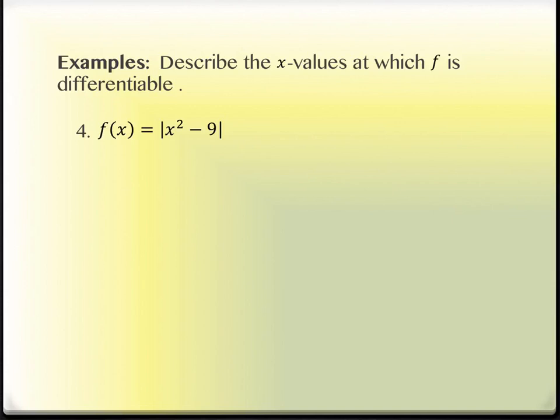Can you tell either from the picture or from the equation where those corners are happening? What x values? 3 and negative 3. Now, from the equation perspective, why should it be 3 and negative 3? Because that's where it becomes 0, right? Between 3 and negative 3, imagine putting in the number 2 here. If I put in the number 2, what's going to happen inside my absolute value?